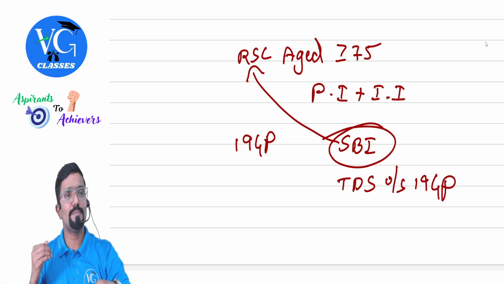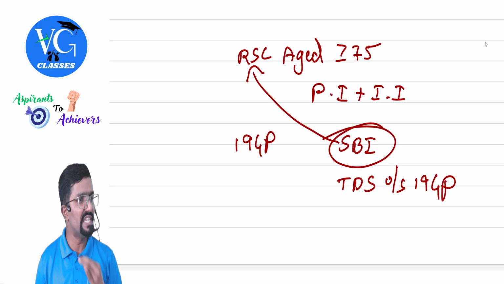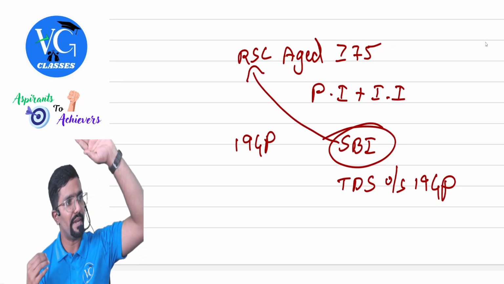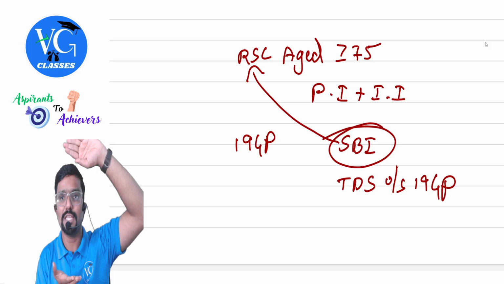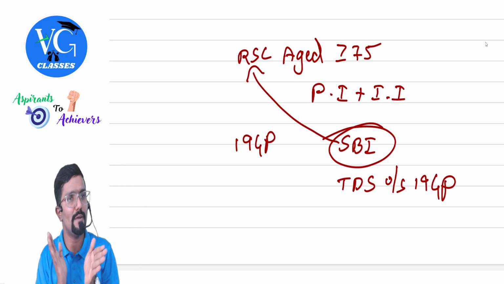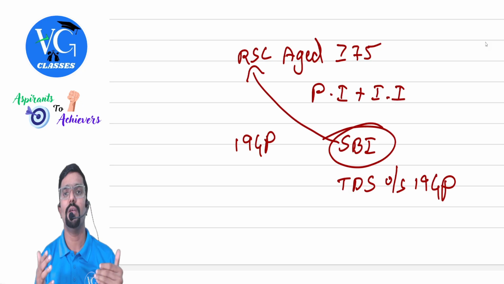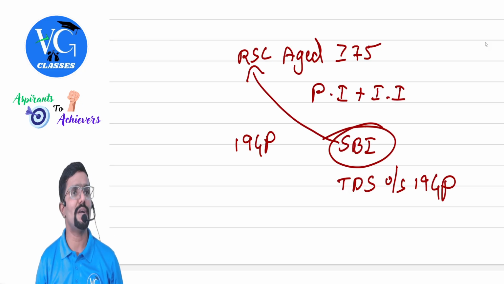So what should this bank do is simple. They have to calculate the total income of this resident senior citizen, including pension income and interest income. Pension income normally will be taxable under which head? Salary. Interest income under which head? Other sources. Compute the total income of this senior citizen. Calculate the tax liability of that senior citizen. Whatever tax he is supposed to pay, completely deduct it as what?